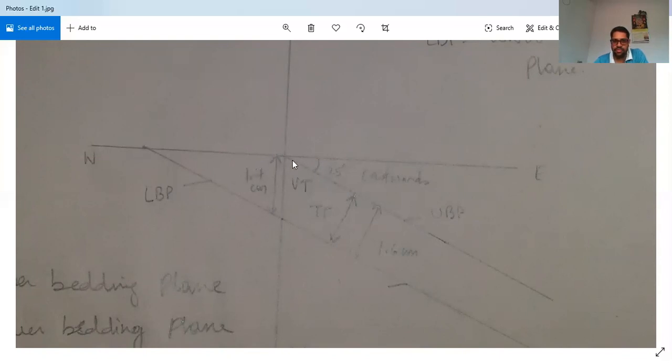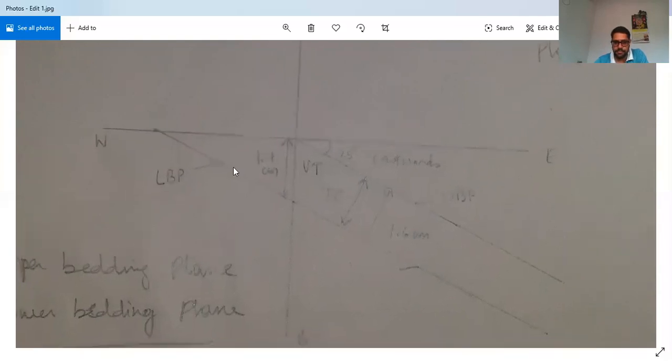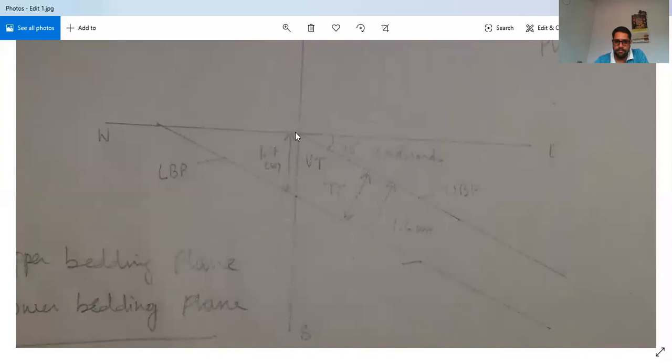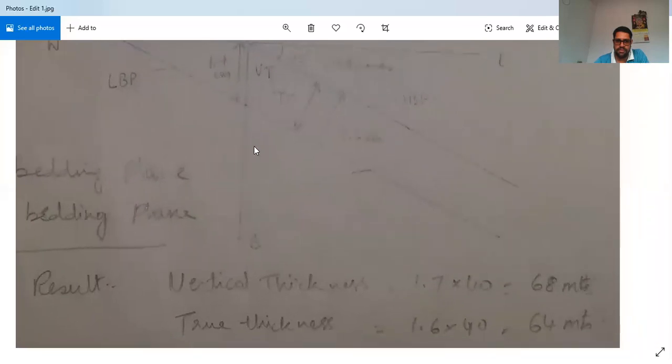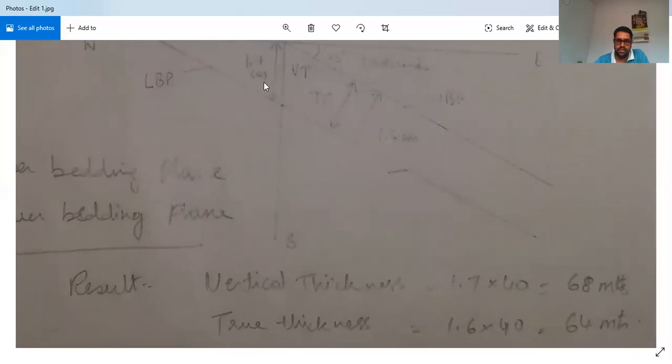Then measure the distance from this point to the bottommost point of the lower bedding plane where the two meet perpendicularly. Measuring this distance gives the vertical thickness, and measuring the distance between the two bedding planes gives the true thickness. In this problem, the vertical thickness measured is about 1.7 centimeters.